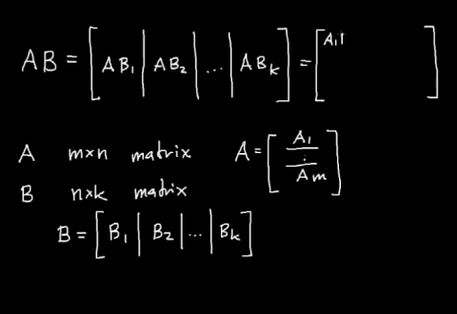A1 times B1 all the way up to A1 times BK. Then in the second row we have A2 times B1 all the way up to A2 times BK. And it goes on until the last row where we have AM times B1 all the way up to AM times BK.